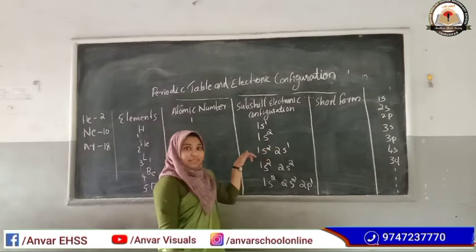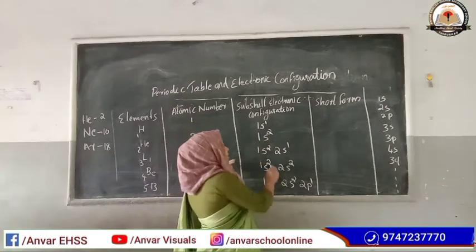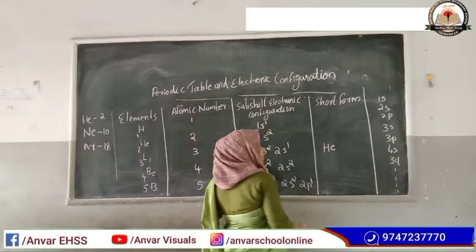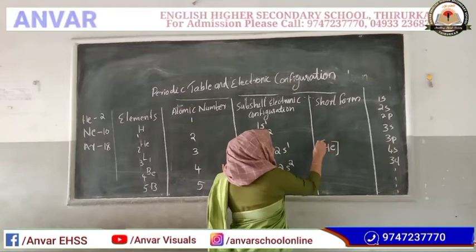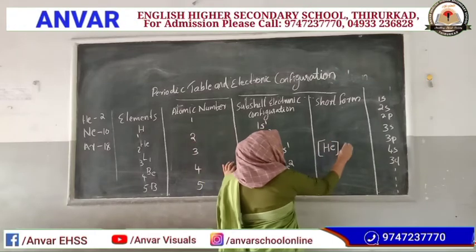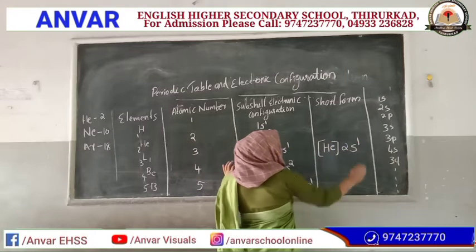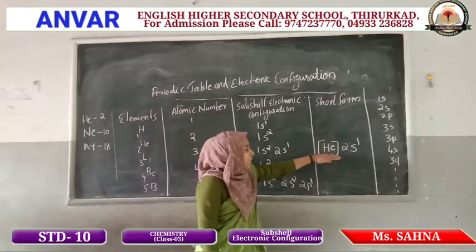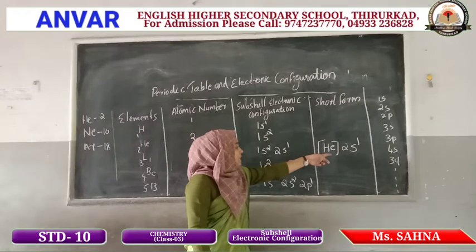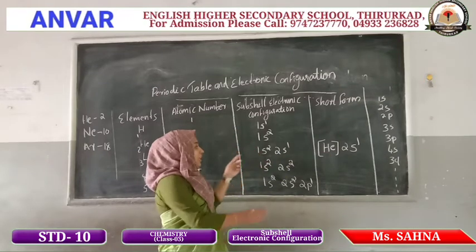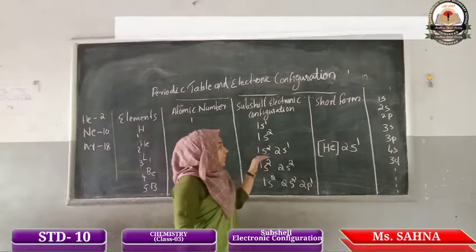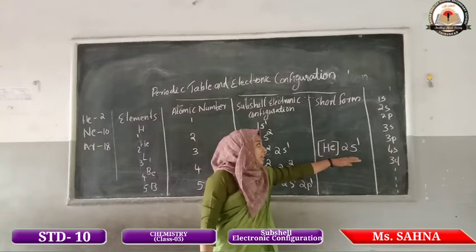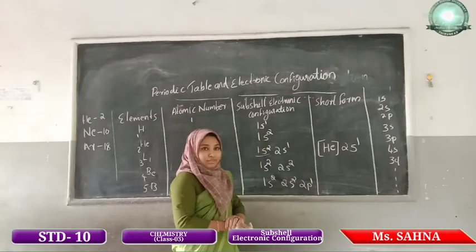Instead of 1s2, we write helium, put a square bracket and write the balance subshell, 2s1. All of you understand?